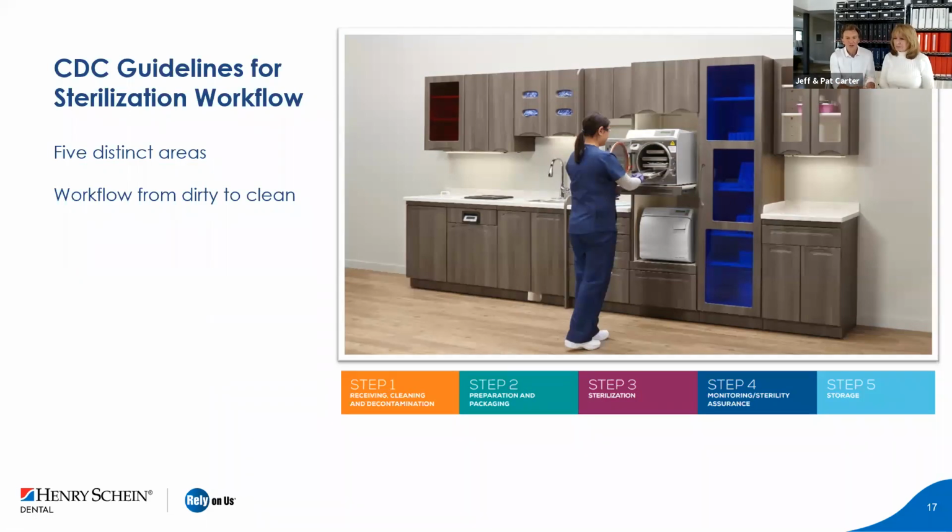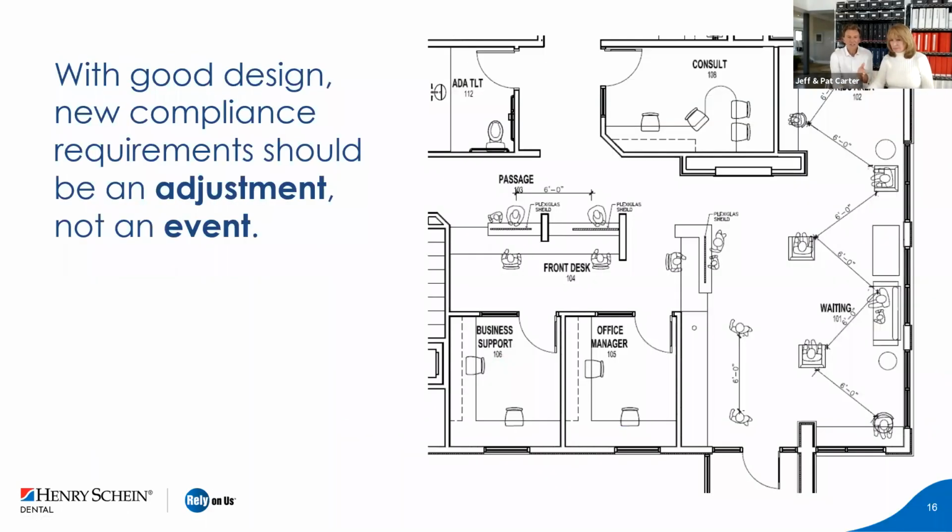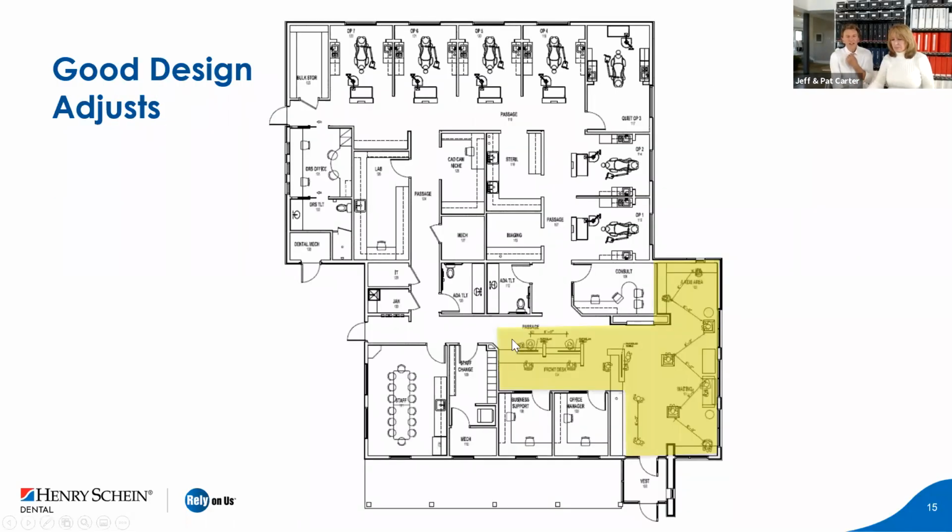When you get to a larger office, say seven, eight, nine ops, it makes all the sense in the world to have a dedicated sterile technician who receives the incoming contaminated instruments, sterilizes them, and then distributes the clean sterilized instrumentation, whether in cassettes or bagged. That limits it to one person, but you have to have a reasonably sized office to do that.